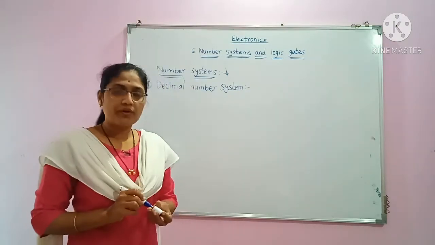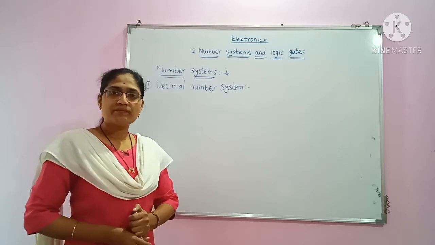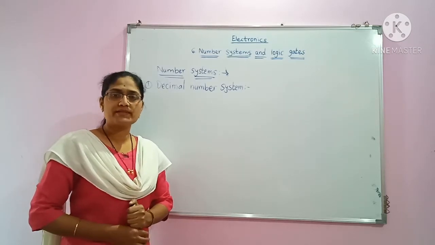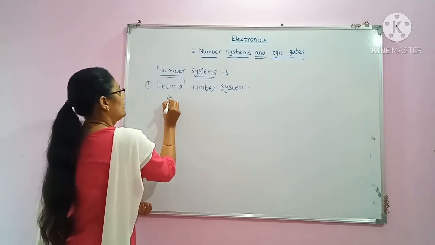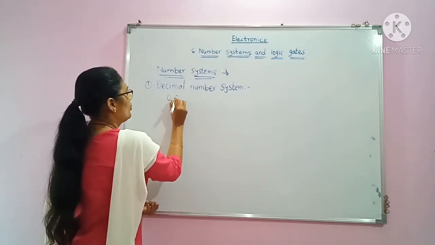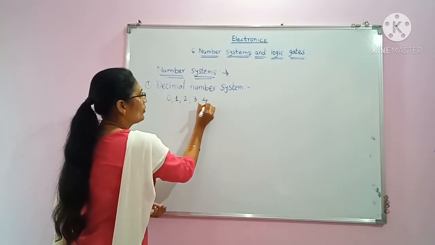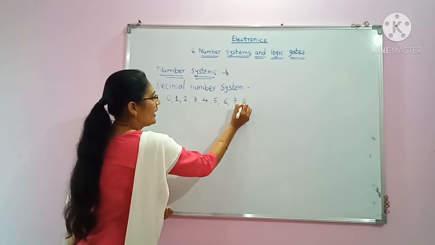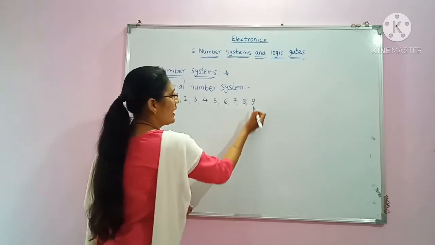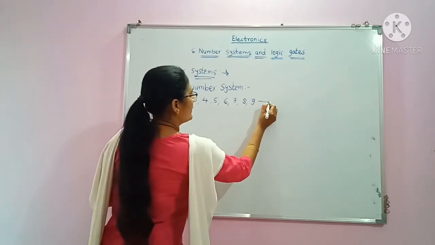Just now in our introduction, I mentioned that since our childhood or school days, we are learning the digits 0, 1, 2, 3, 4, 5, 6, 7, 8, 9, and all these are the 10 digits.